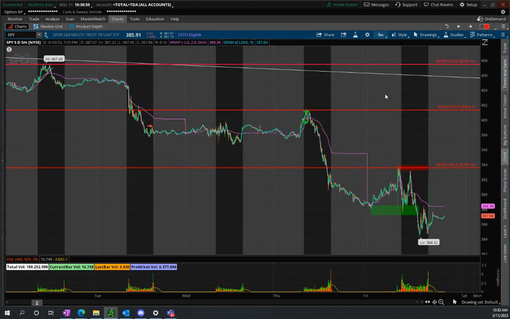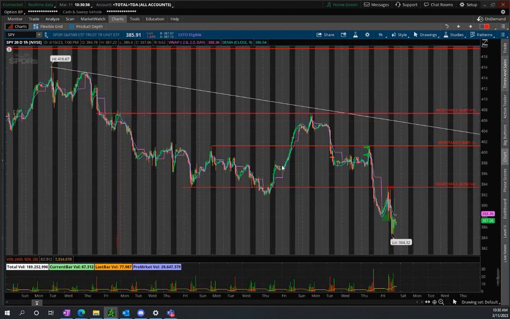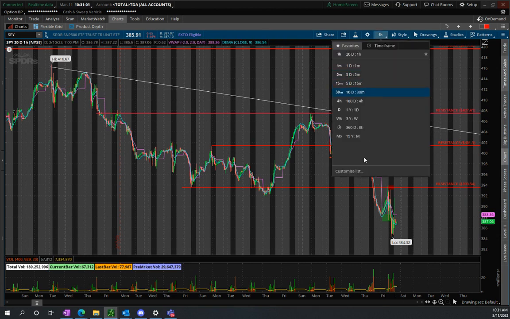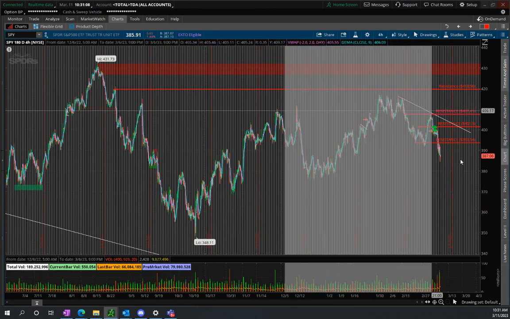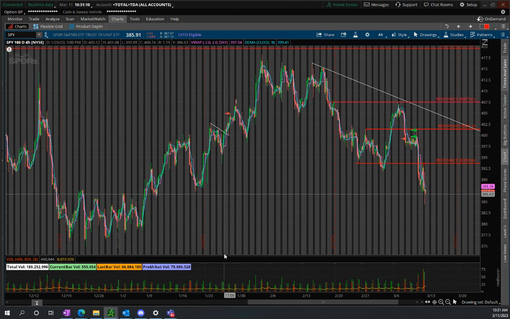Because it's one thing, especially when I first learned what supply and demand was. When I first started doing it, it was nothing more to me than just a bunch of rectangles. I was like, oh, I draw these zones, but what really is a zone? Basically, it's a prior area, a volatile area.